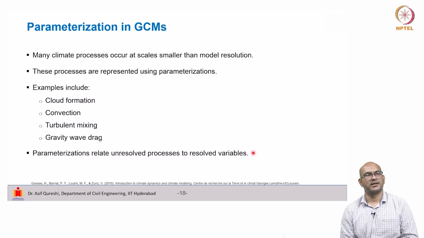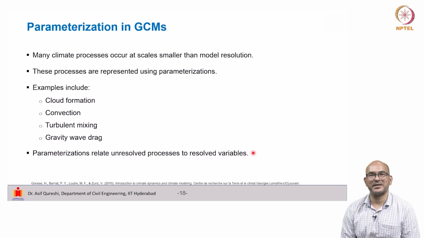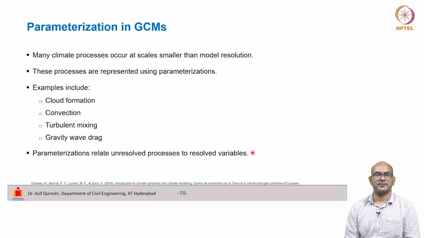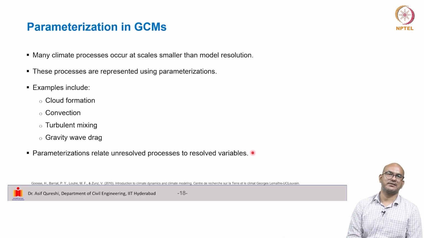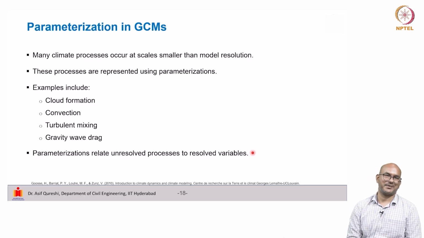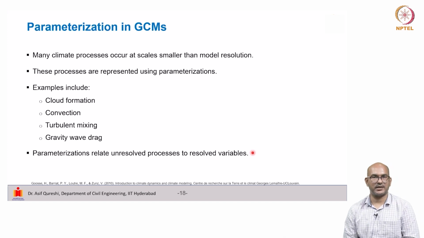So, there are a lot of things being represented in GCMs, and this is both the challenge and the good thing about GCMs. The challenge is that we have to represent so many things, and the good thing is that since so many things are represented, the simulations might produce more realistic results, depending on how the parameterization is done, of course, but there is the potential.